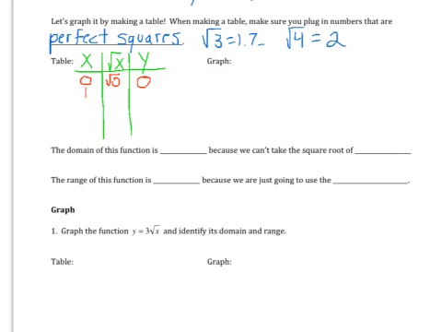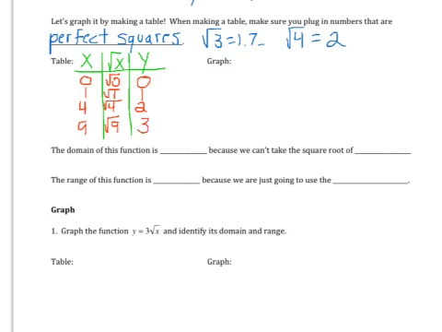Second number is 1, because the square root of 1 is 1. You can't take the square root of 2 easily or the square root of 3, so the next number I'm going to plug in is 4. The square root of 4 is 2. And then we'll do one more. The next easiest number to plug in wouldn't be 5, 6, 7, or 8, but we can take the square root of 9. And the square root of 9 is 3.